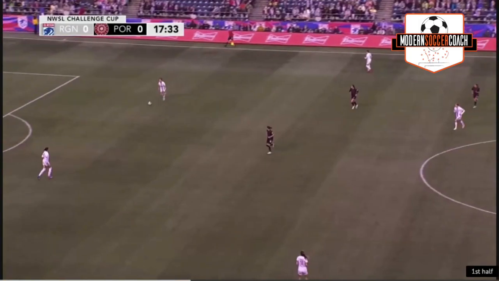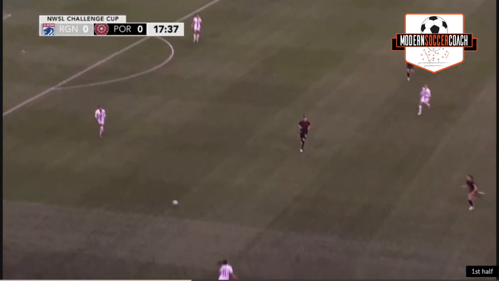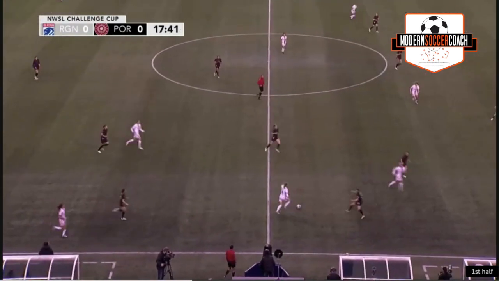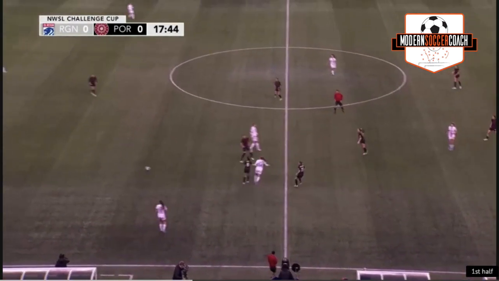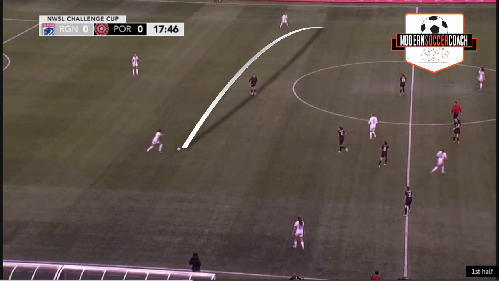And then later on in the game, the same concept, where this is against the diamond 4-4-2. The ball's played back. Same player, Alana Cook. And instead of playing a square ball to the centre back, which could be a pressing trigger, she opts to go over it.